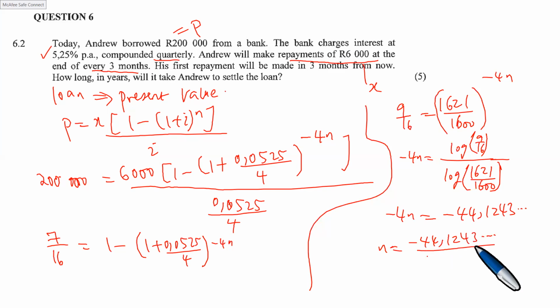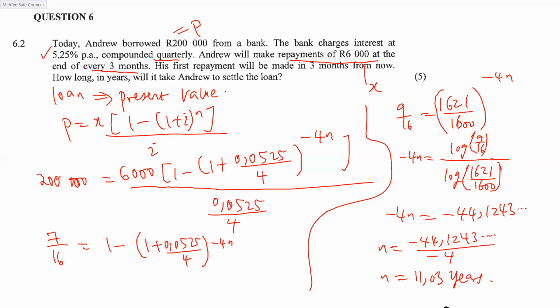You divide it by minus 4, which means n is 1.03 years.